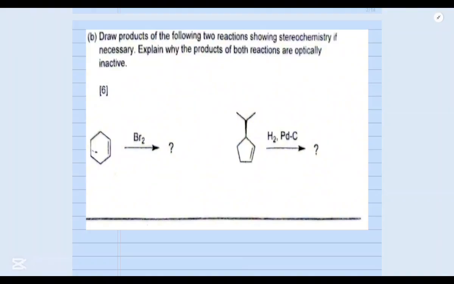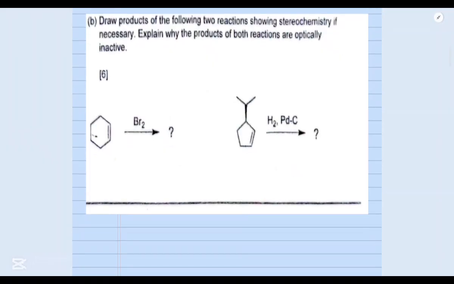So this question has two areas. The first area we need to understand is the drawing of the products. And the second part of the question is to explain why these two products are not optically active.